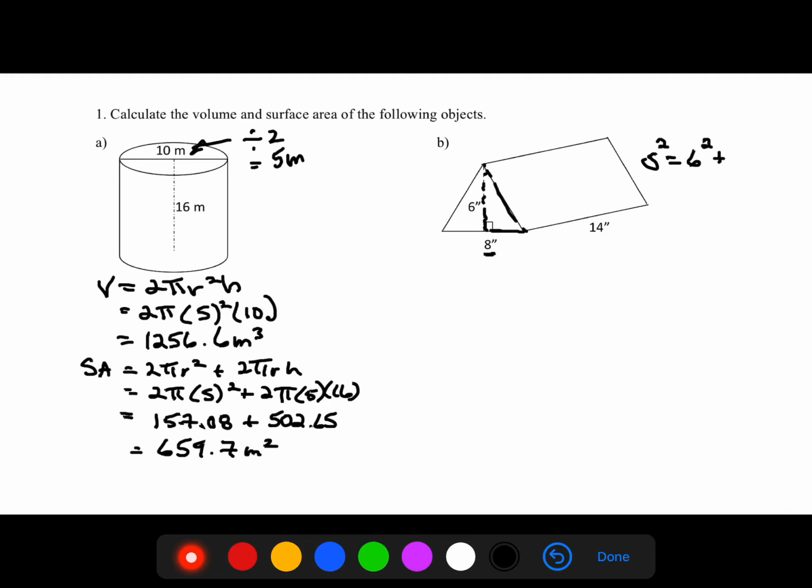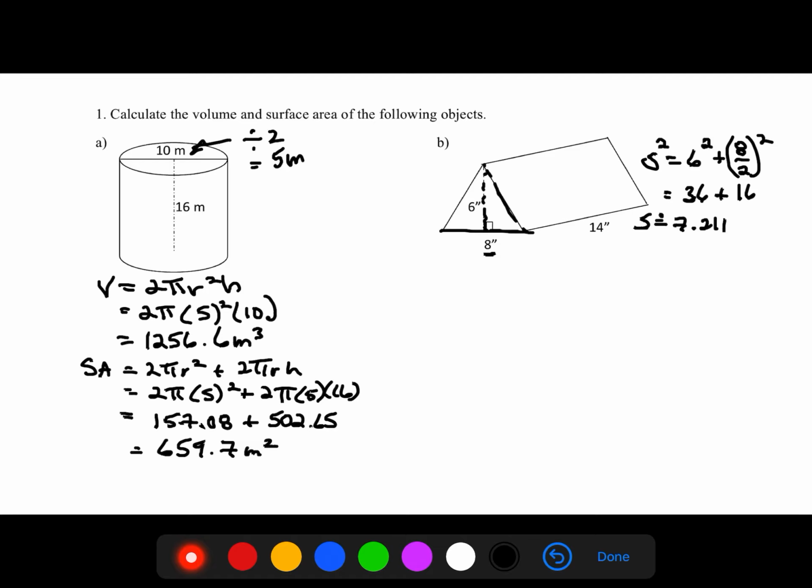So we're going to have slant squared equals 6 squared. Notice on the bottom here, we're going to divide the 8 by 2 because it's only half of the total base of our triangle. So we're going to have 36 plus 4 squared is 16, and we're going to take our 52 and square root it.